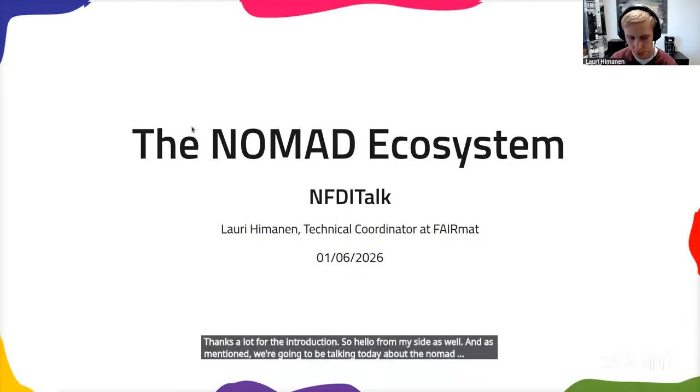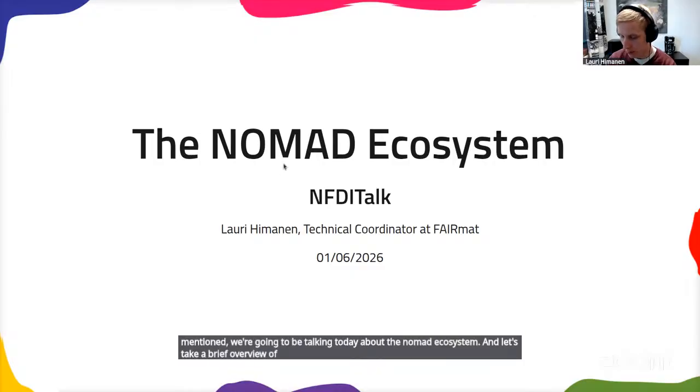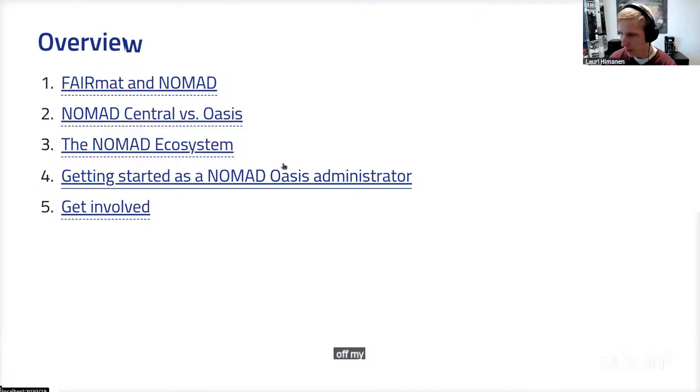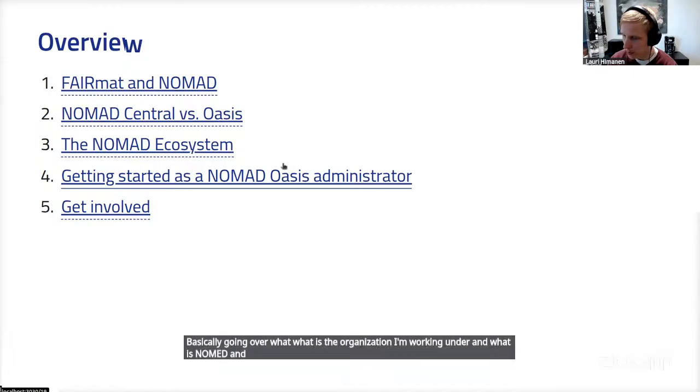And let's take a brief overview of the contents of my slides. So we'll first start out with basically going over what is FAIRmat, the organization I'm working under, and what is NOMAD and what's the relationship. Then we're gonna take a look at the difference between what is NOMAD Central versus what is a NOMAD Oasis.